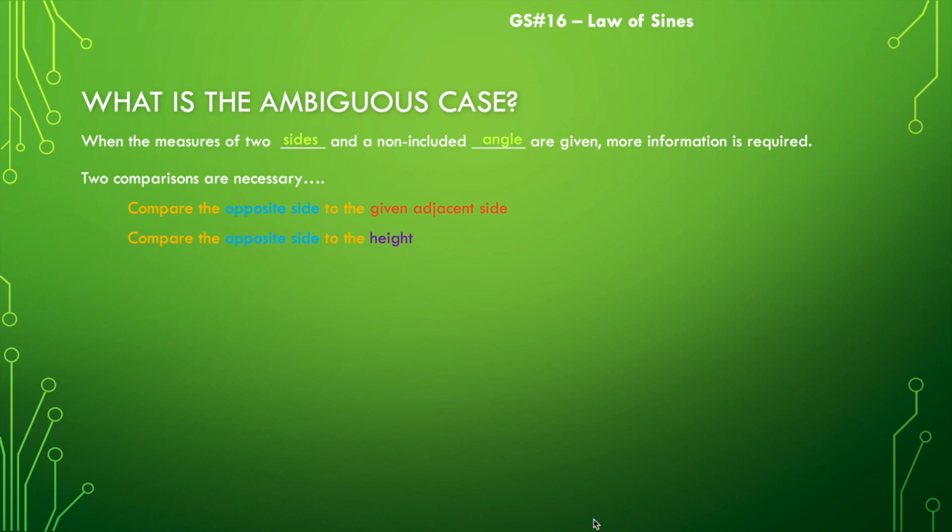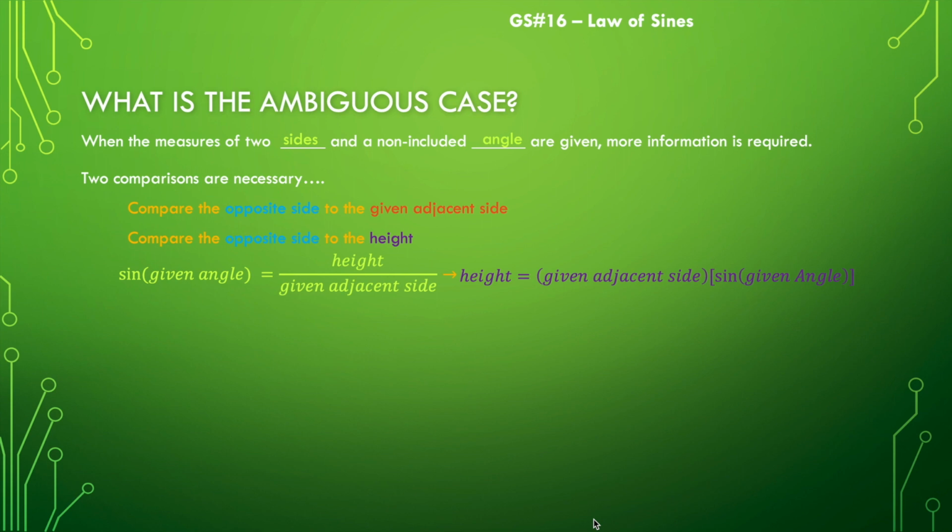But remember how we define the law of sines? Well, we can say that the sine of the given angle will equal the height of that triangle divided by that given adjacent side. Okay, well then I can solve for the height of the triangle by multiplying by the length of the given adjacent side and say, okay then, the given adjacent side times the sine of that given angle will give me the height.